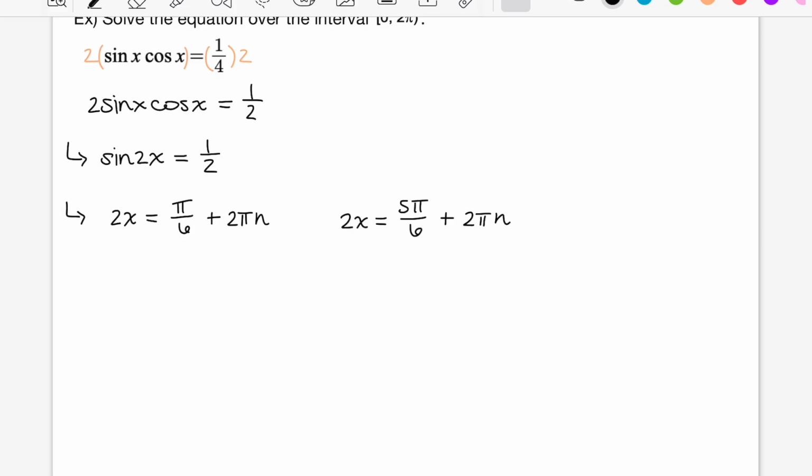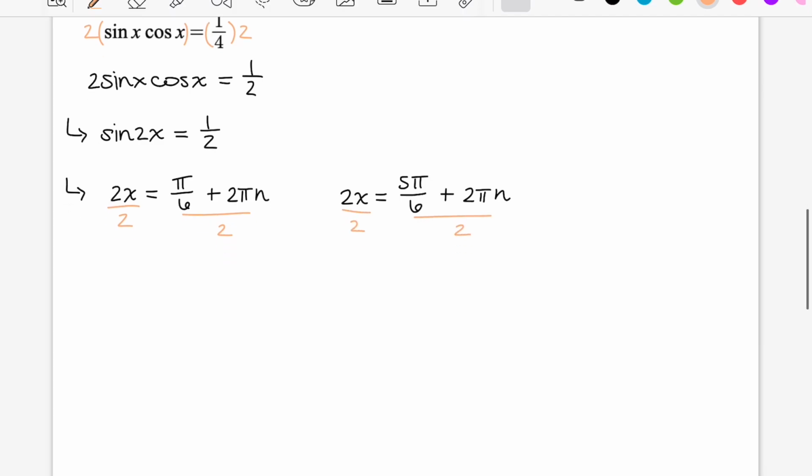Now, we want to figure out what x is, though. So what we're going to do is divide both sides of both of these equations by 2 to get x alone. We'll get x is going to be equal to pi over 12, since pi over 6 divided by 2 is pi over 12, plus pi n.